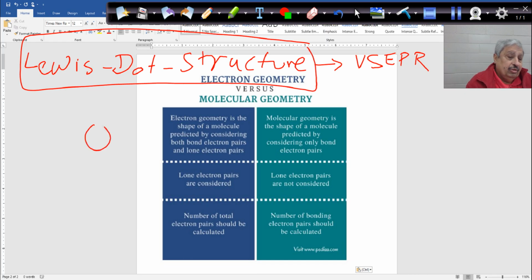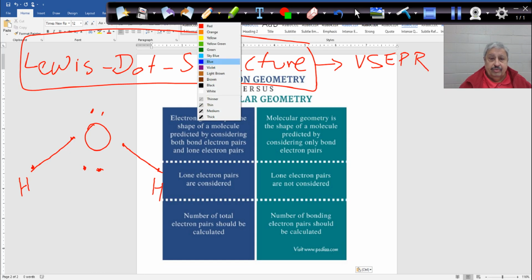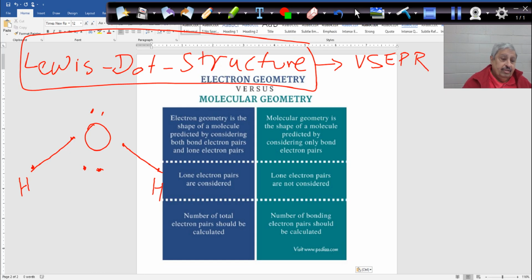So for H2O, we have oxygen with 6 valence electrons, and we said hydrogen always has only one electron. This is hydrogen here. So we have 4 sets of valence electrons.